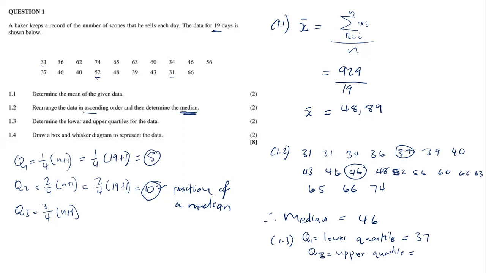And then for the other half, you don't count this one. You start here, 1, 2, 3, 4, 5. This is the middle of the first half. And then the middle of the second half, you don't include this, remember. You start here, 1, 2, 3, 4, 5. Let's see, do we get position number 5 starting from here? 1, 2, 3, 4, 5. This is my Q3. But again, you can use your formula if you don't want to do it manually.